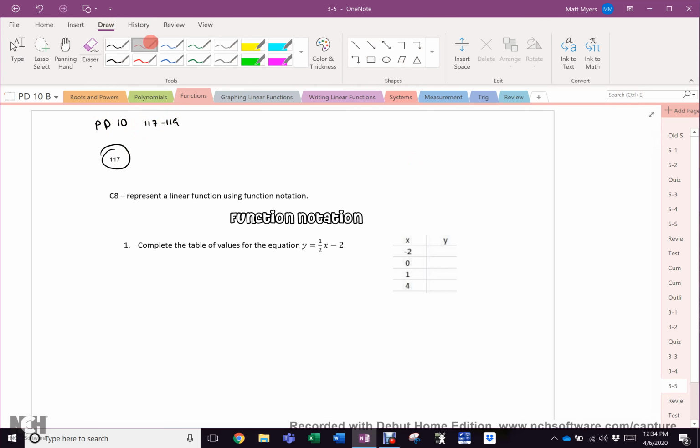If you are in FOM 10, now this is block B, this is block D, this is page 106 to 108. All right, so I'm just going to do it that way.